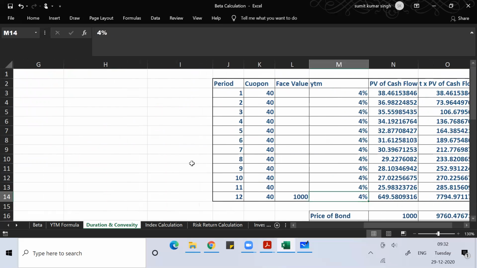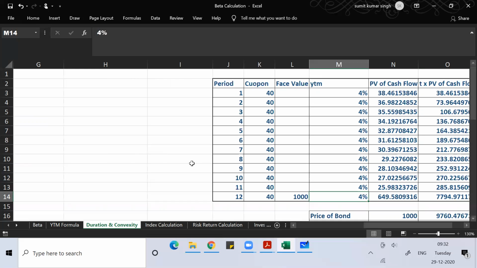Your YTM, yield to maturity, was 8% per annum, and if you are getting the coupon of 40 rupees after every 6 months, then to determine the present value of the coupon, the same conversion you need to follow for YTM also.